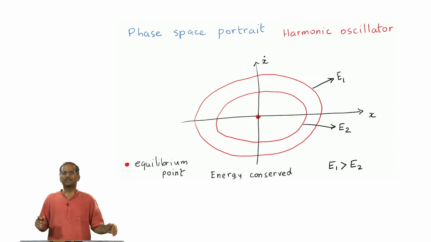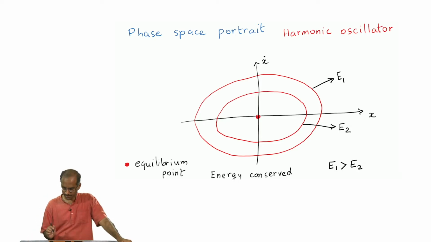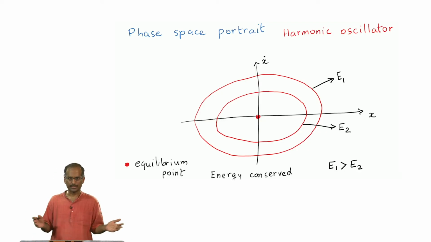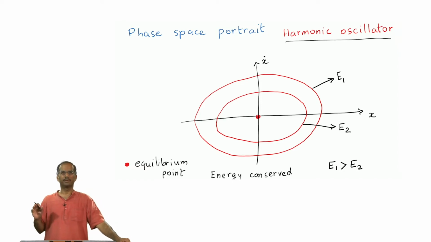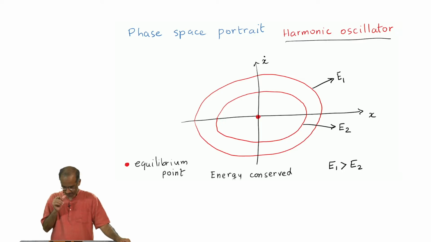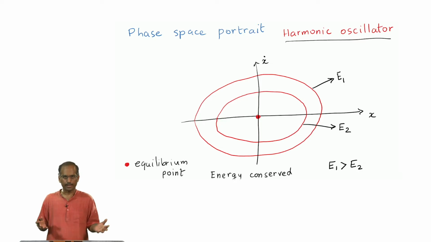Now, let us look at the harmonic oscillator again from this perspective. I am going to introduce this idea of looking at it in what is called the phase space. On the x axis I have the displacement, on the y axis it is the velocity. So, it is position versus velocity, and I have drawn this for the standard simple harmonic oscillator. You will see that I have drawn two curves, but in principle you can draw any number of curves.